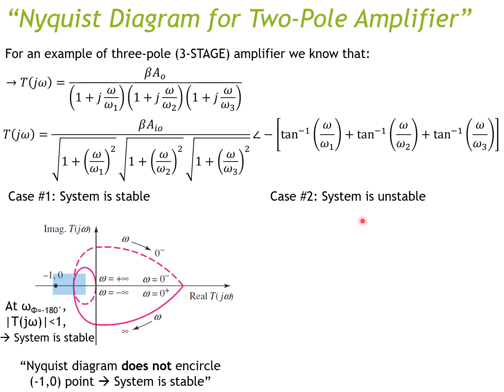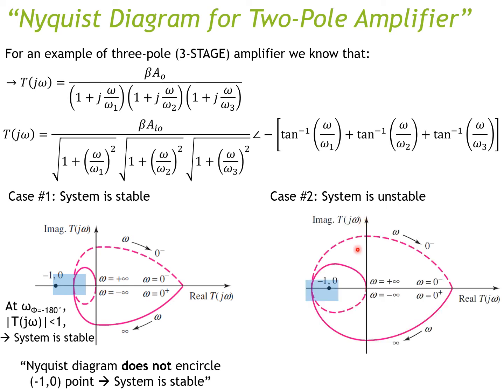So let's go to case number 2, when the system is unstable. I'm drawing the same thing again, but the main difference is that in this case, you can see my Nyquist diagram actually encircles the negative 1, 0 point.